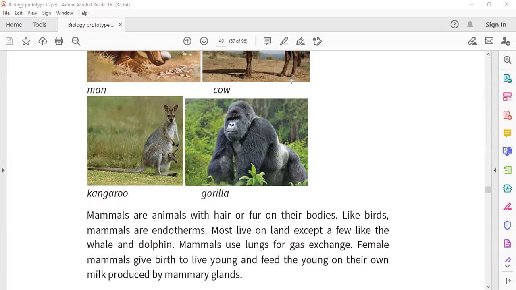So they produce them when they are not fully developed. We see this behavior even in humans, where sometimes we produce babies before, let's say, eight or nine months. What do we call such babies?